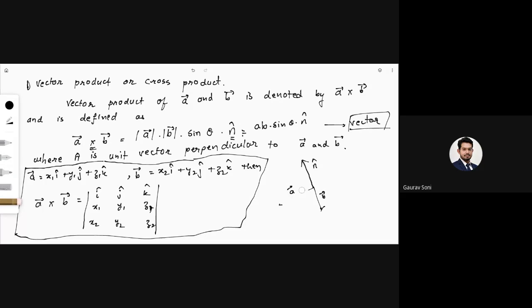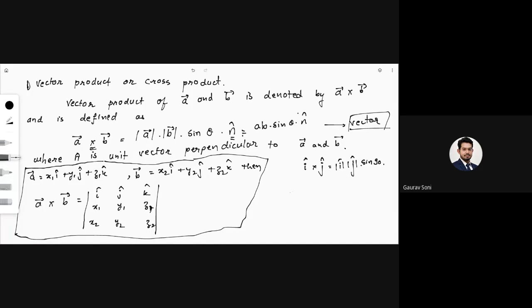Now again, I'm not going to do this in detail now. But again, it is the same idea. For that, you will have to see what is I cross J. If you take I cross J, how are you going to get the answer? Modulus of I by our previous definition, modulus of J, sine of angle between them, which is 90.